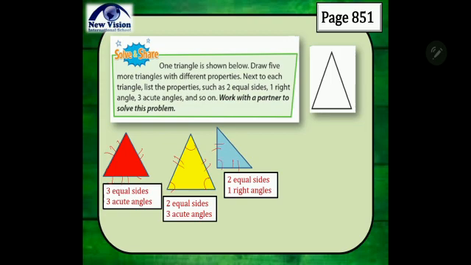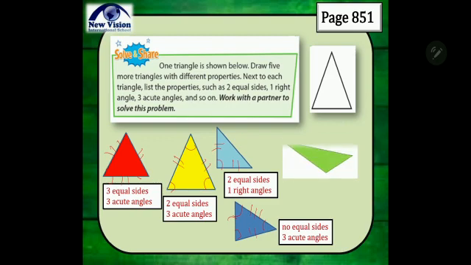The fourth triangle, no equal sides. So as you can see, all sides are different from each other. And 3 acute angles. And the last one is 1 obtuse angle, this one, and 2 acute angles.